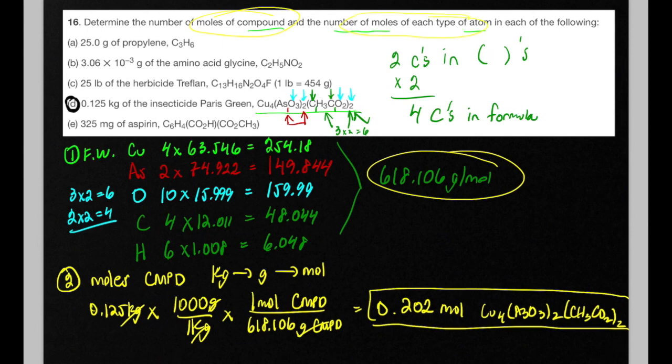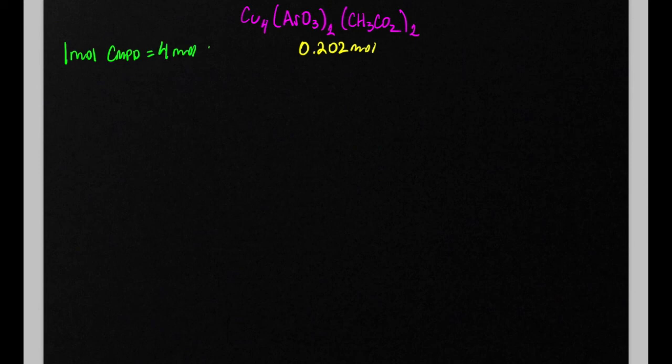Now to calculate the moles of each type of atom, we'll do that on the next page, and we use the chemical formula once again. So we know we have 0.202 moles of this, and there are 4 coppers in that formula. So 1 mole of the compound is equal to 4 moles of the copper, because there's a 4 in the formula.